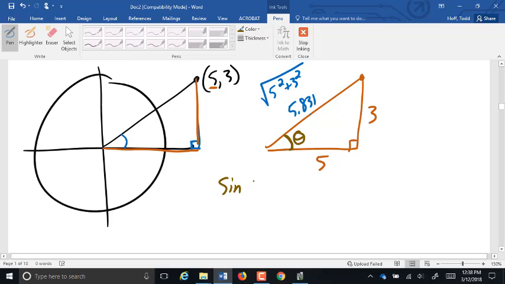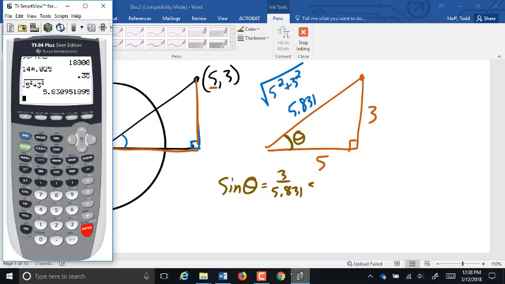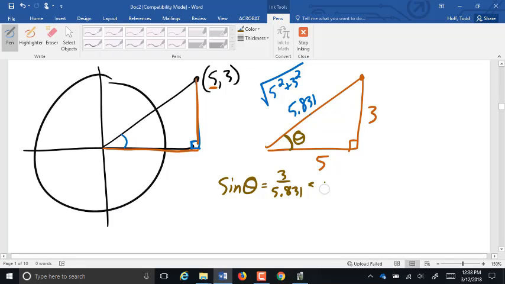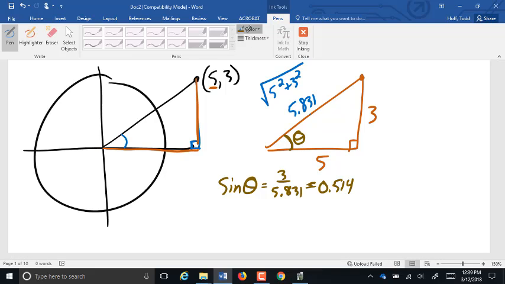What is the sine of theta? Yes, it's always opposite over hypotenuse, so 3 over 5.831. It's 0.514. That's sine.